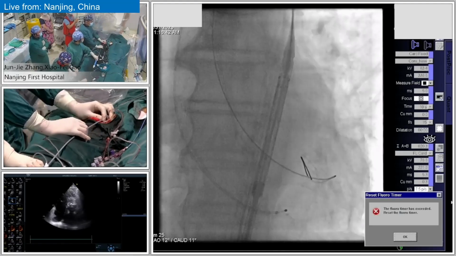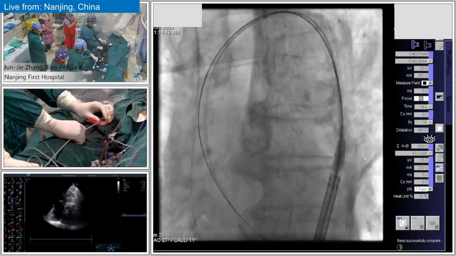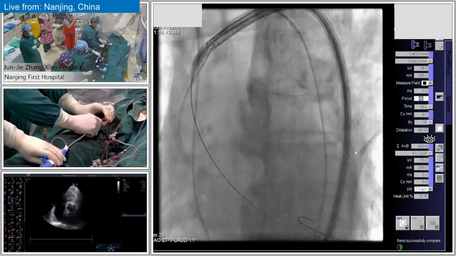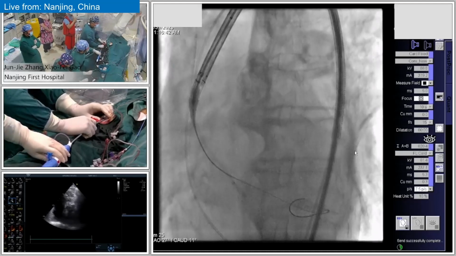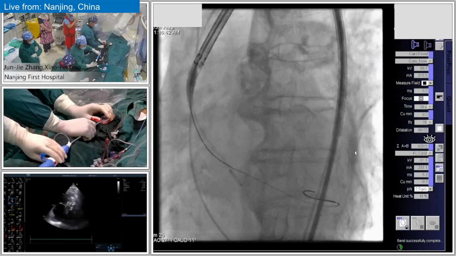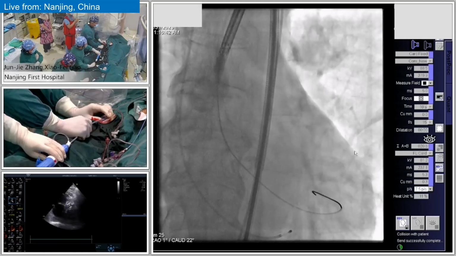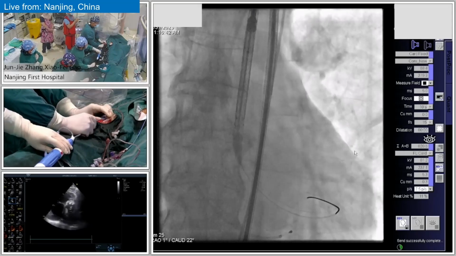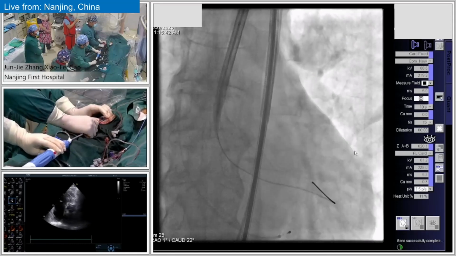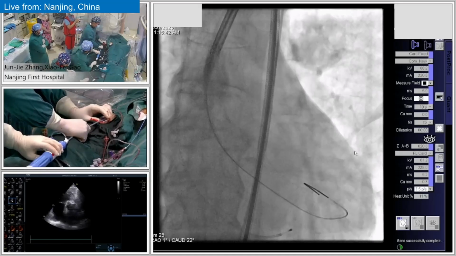Okay, then go to the LAO. Okay. You see there is a little resistance when we cross the valve.